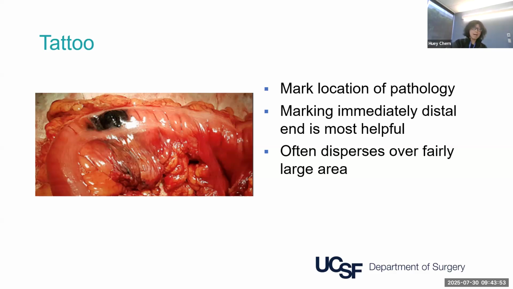Ultimately the tattoo is just to help us find the pathology, right? Often surgically, the distal margin is harder to determine. For example, if you have a tumor in the right colon, the proximal margin is always going to be the ileum, but the distal margin where we come across in the transverse colon is harder to determine, especially if it's a pathology I can't actually see extraluminally.